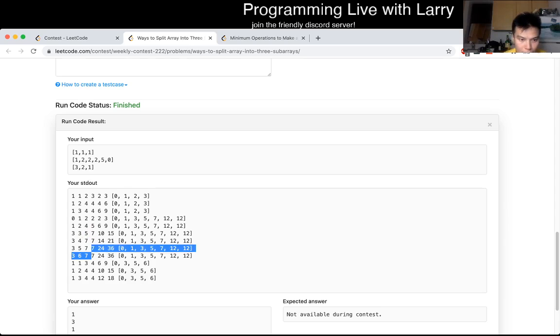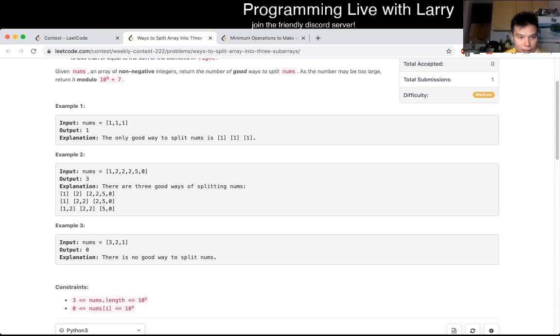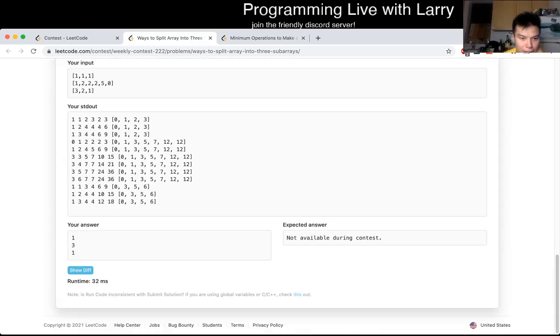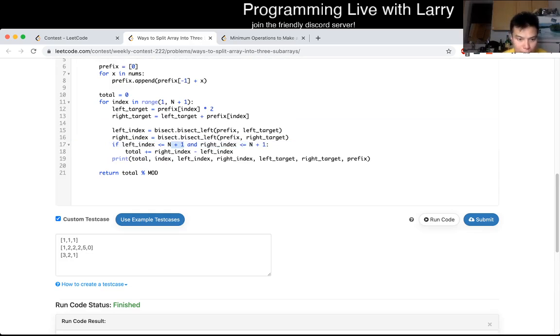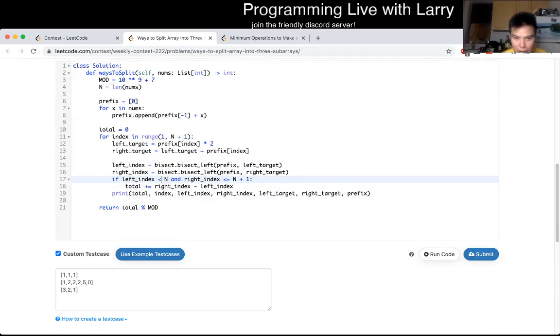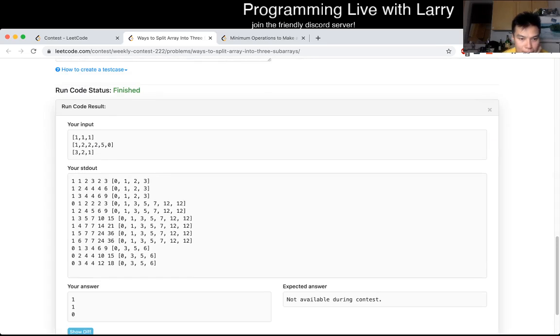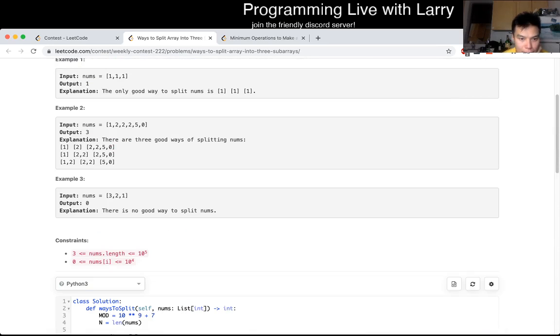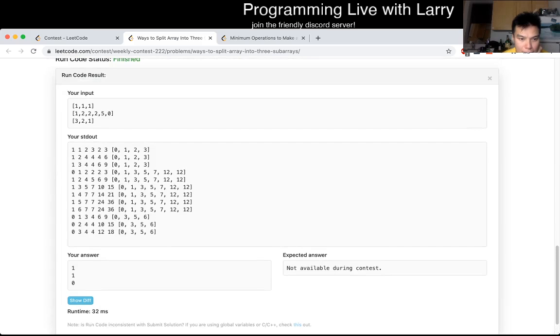2. What is this? Oh. I mean, this should be right, but I don't know why it's going to be the wrong answer for this part. 5,000.